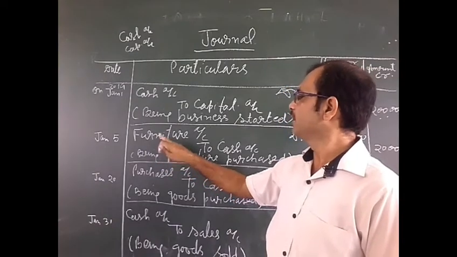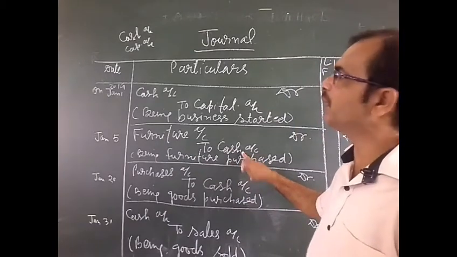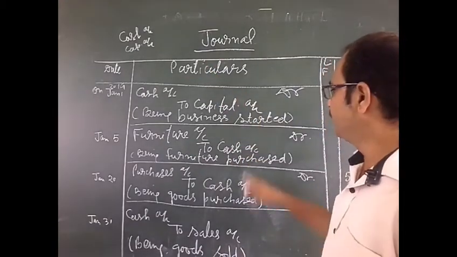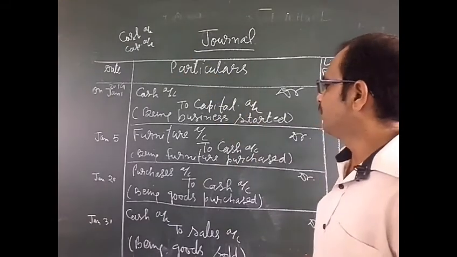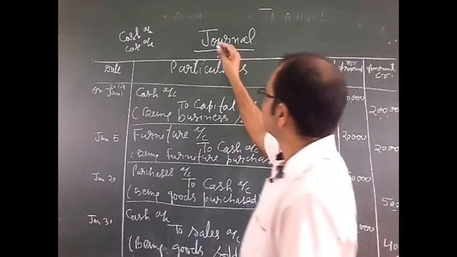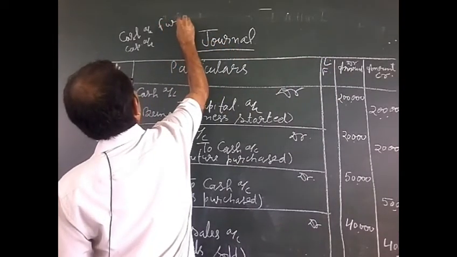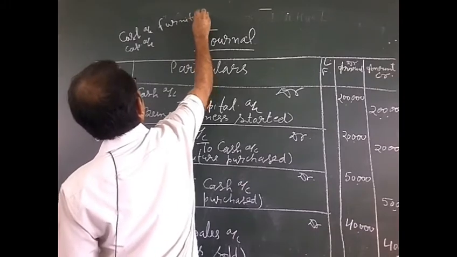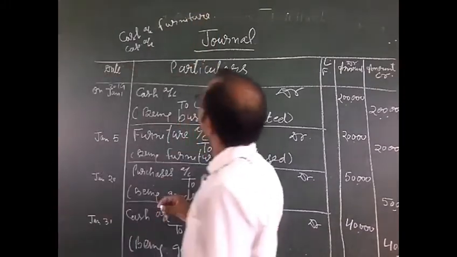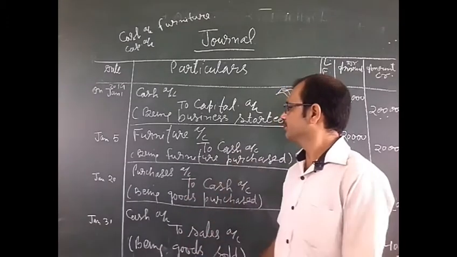So we will write here furniture account, and here is the same account, cash, which we will not write again because we have already written cash, but furniture has not been written. In the rough copy we will write down all the names of accounts.